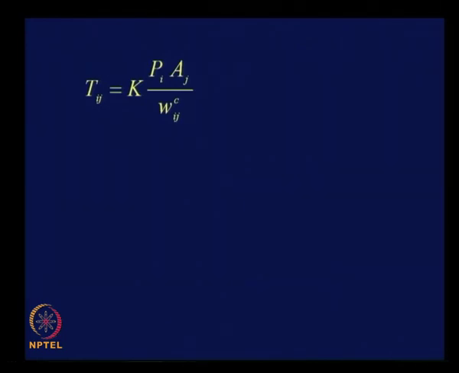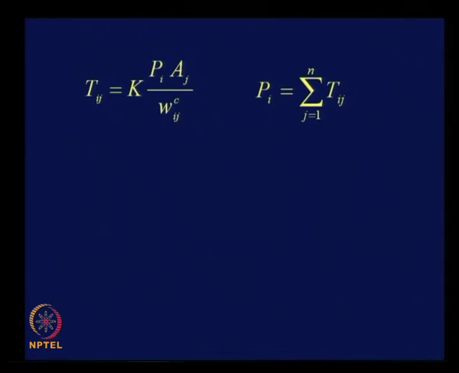We have replaced m1 and m2 by Pi and Aj, and R squared in the denominator is replaced with Wij raised to power c. K is proportionality constant as we had in the earlier equation also, and we modified this equation by introducing a constraint related to trip reduction.